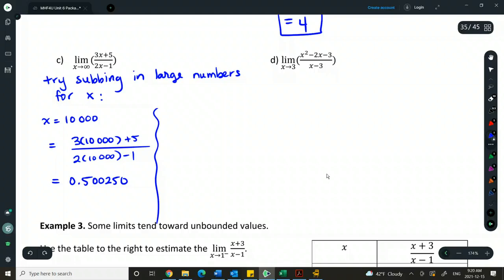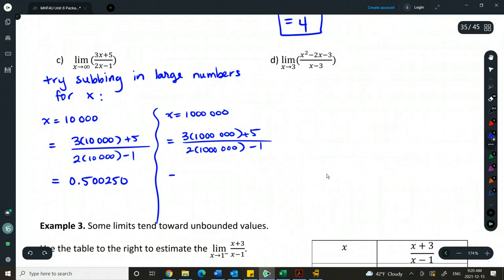Let's suppose we sub in 1 million. 6 zeros. Okay, let's calculate that.